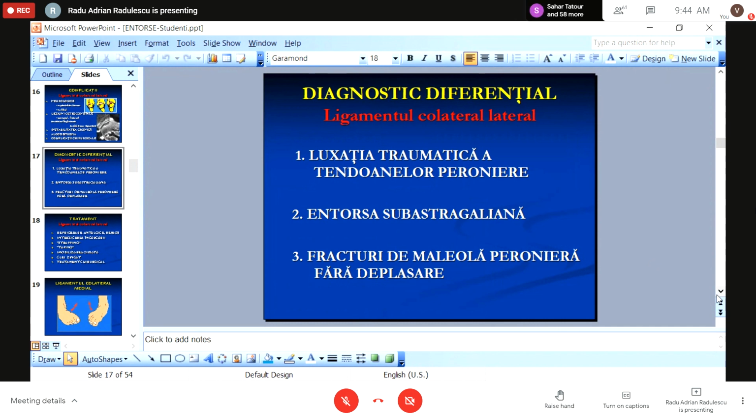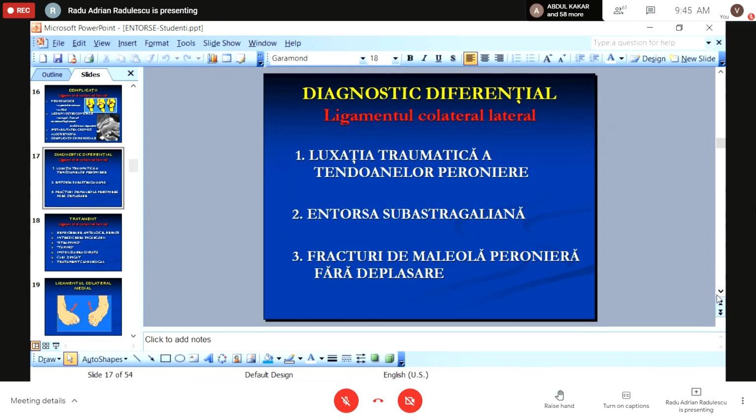Those tendons change their direction because they surround the lateral malleolus. They are surrounded by a synovial and fibrous sleeve that allows, on one side, the gliding of the tendons, and on the other side keeps them in their position.